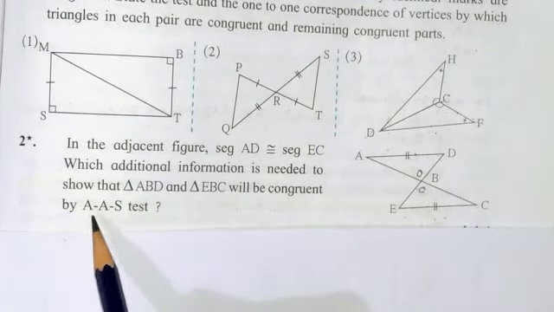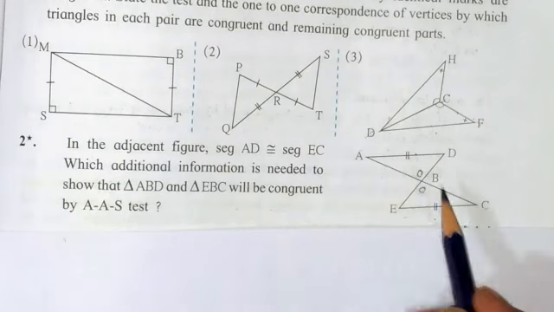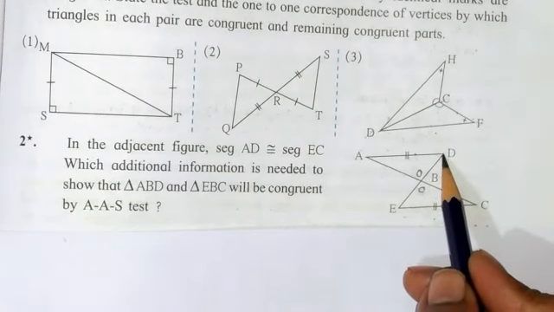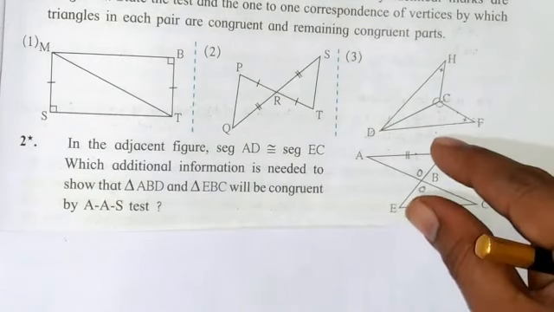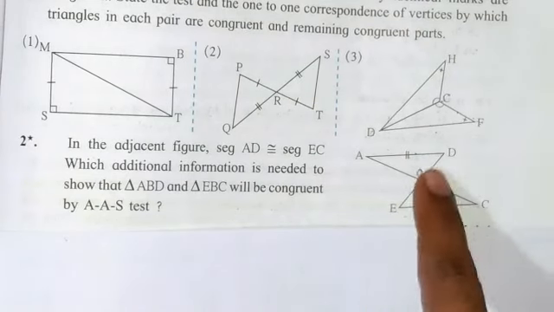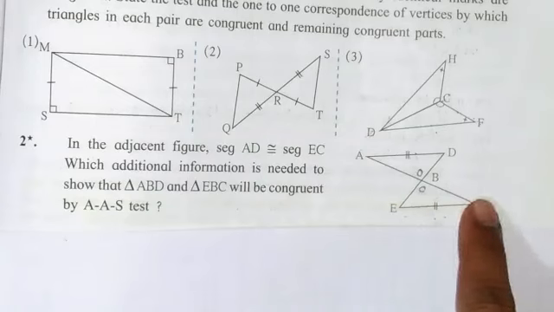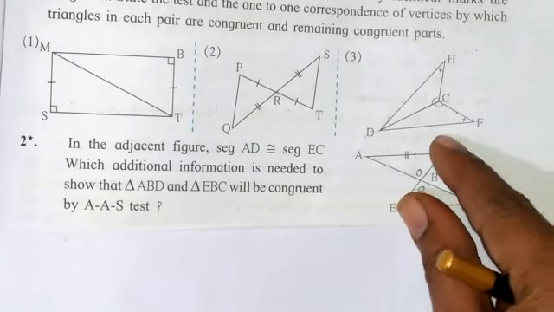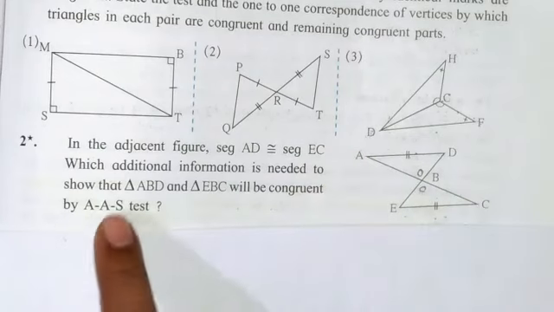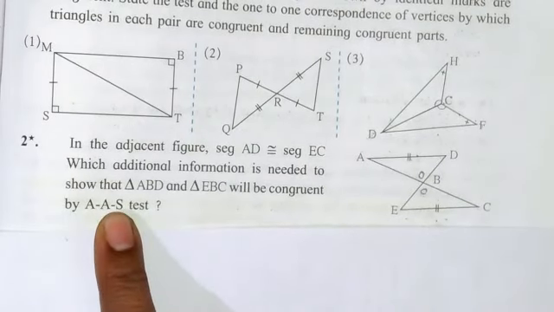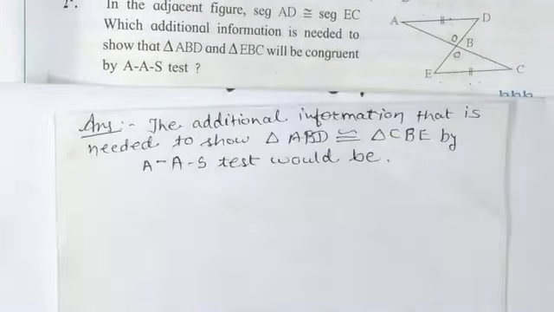But if you want the test AAS, it means angle, we want one more angle and then side. So students, we want either this pair, angles ADB and BEC, or the other pair, then only our test will be applicable.